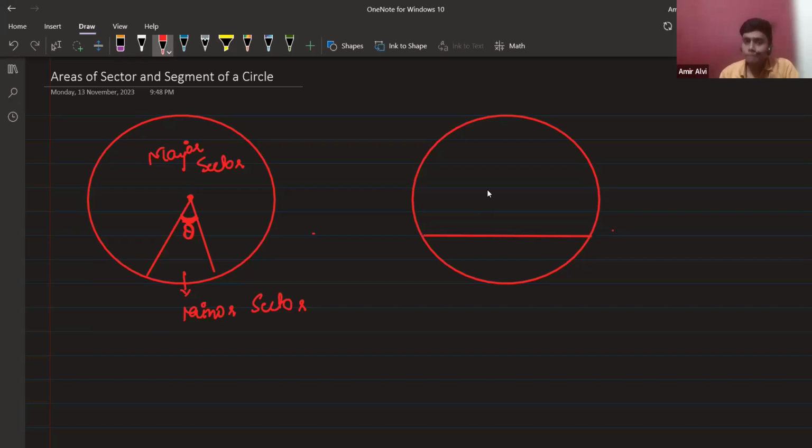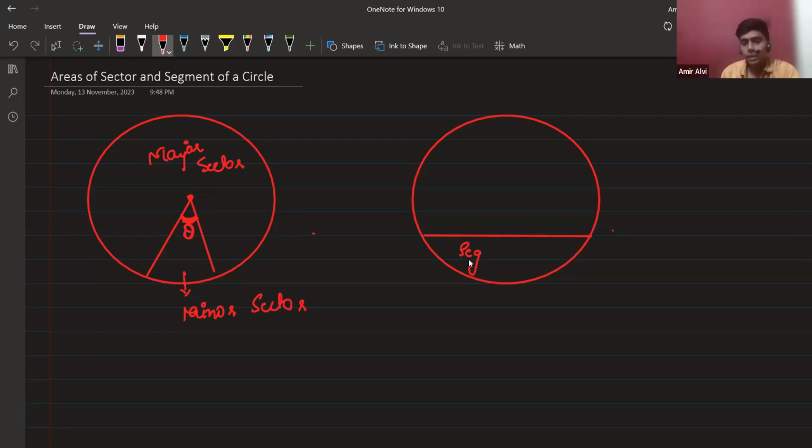So the circle is divided into 2 parts with a chord. Clear? If a circle is divided with a chord, that part is called a segment.